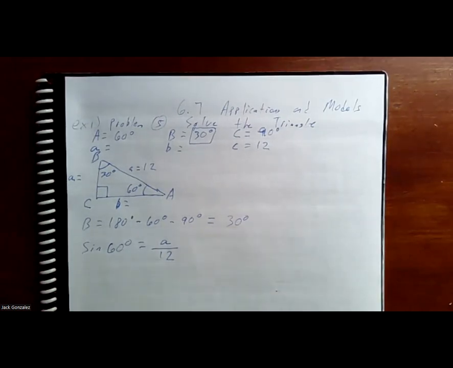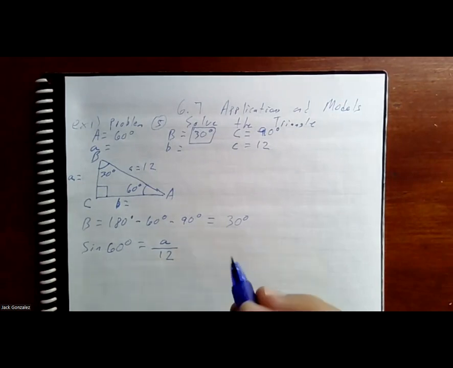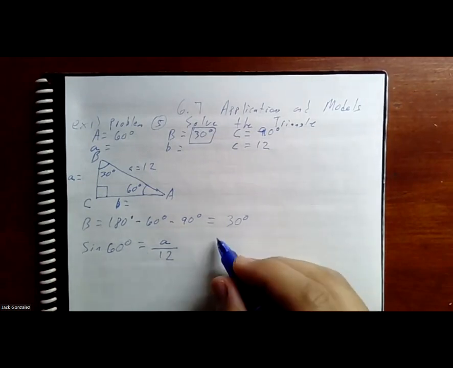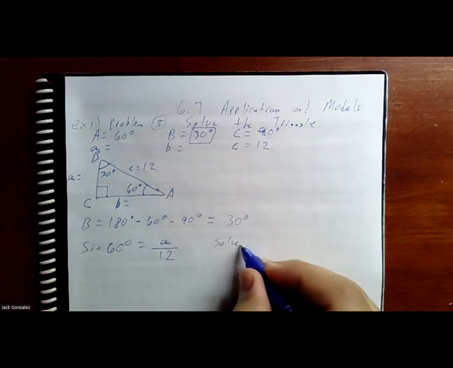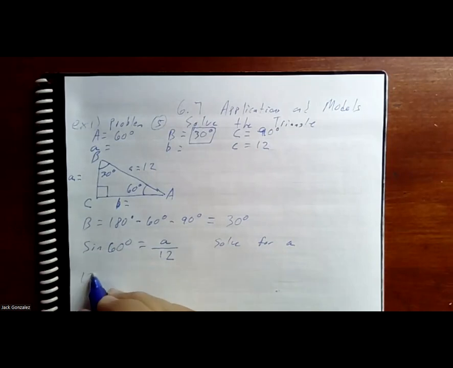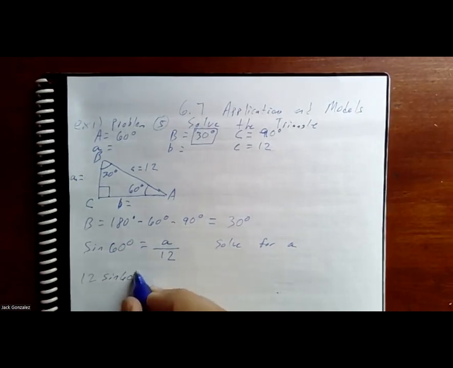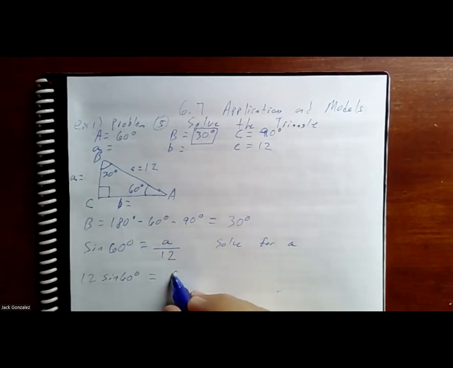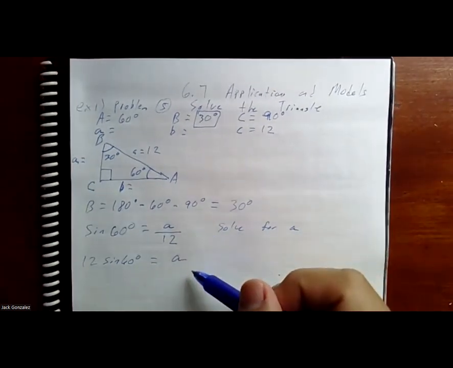Does that make sense? Solve for A. So multiply both sides by 12, we'll get to here, or cross multiply, however you want to think about it. Is everyone cool if I skip that step there? Is that clear?